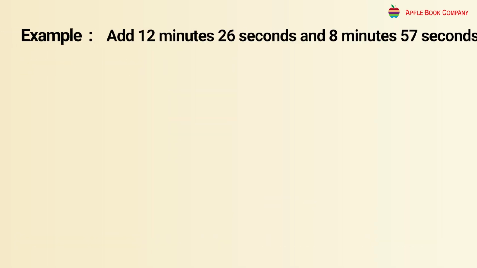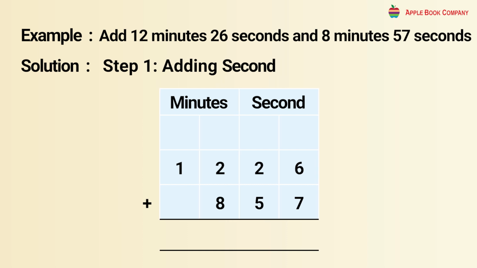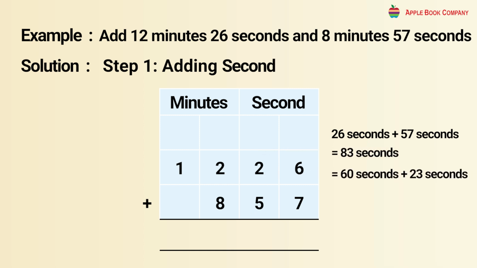Example, add 12 minutes 26 seconds and 8 minutes 57 seconds. Solution. Step 1. Adding seconds. 26 seconds plus 57 seconds equals 83 seconds equals 60 seconds plus 23 seconds equals 1 minute plus 23 seconds. Write 23 under seconds column.